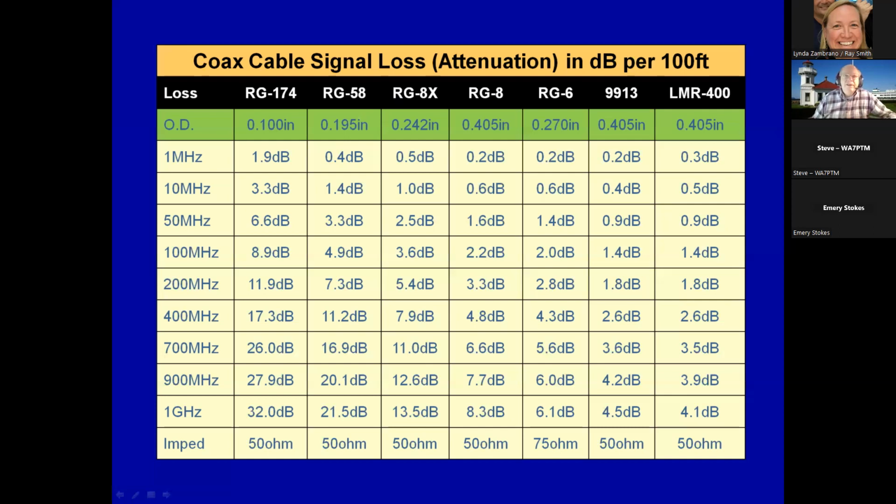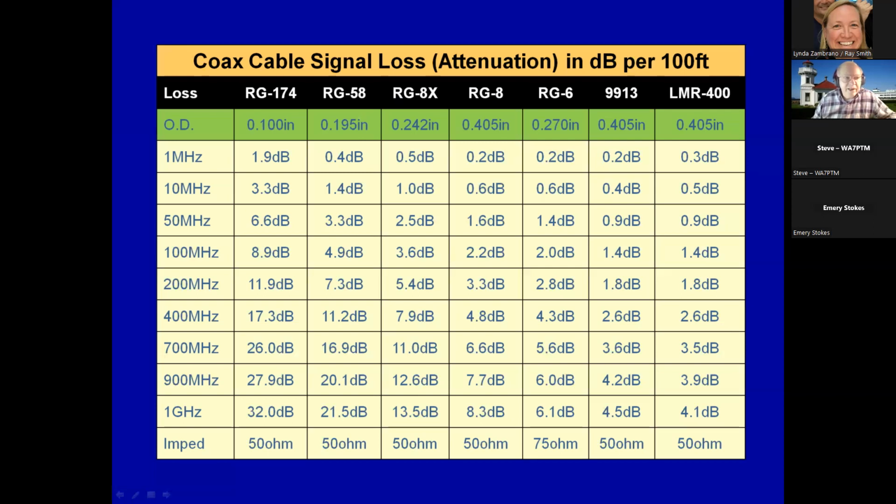But you can see, let's say at 400 megahertz, it's your UHF, your 70 centimeter band. If you look across at the RG58, you'll see that per 100 feet of cable, you get a loss of 11.2 dB.